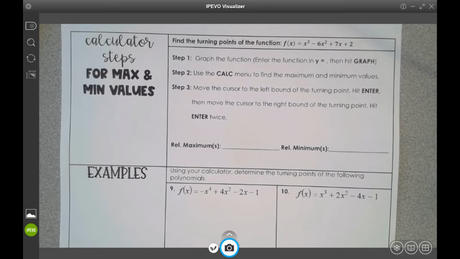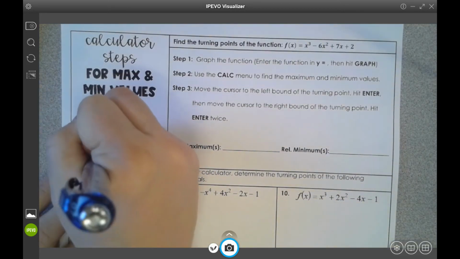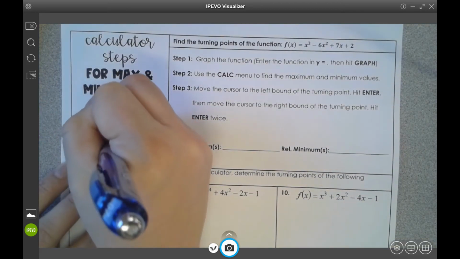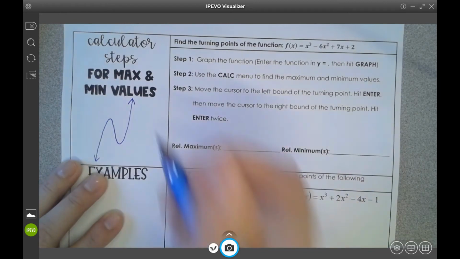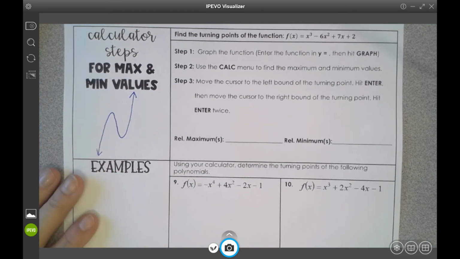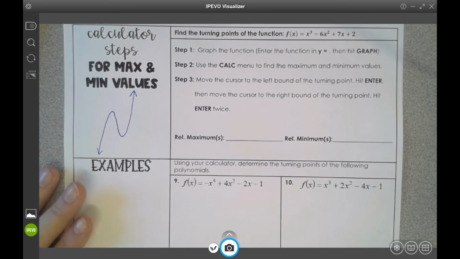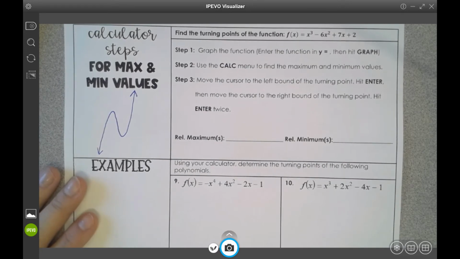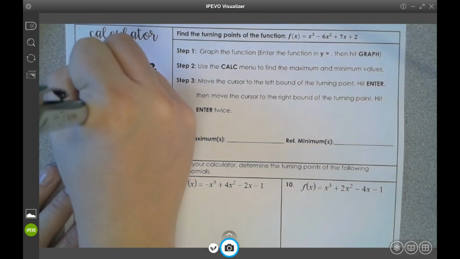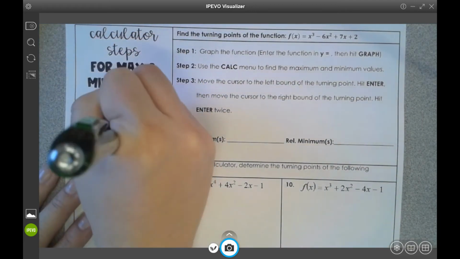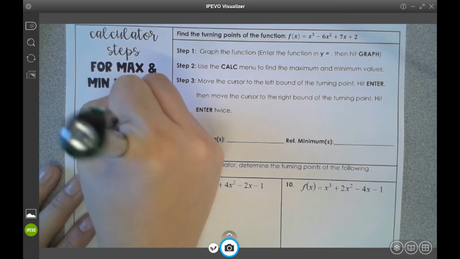And then go to the graph. I just sketched the generic shape. So this point would be a max. This point would be a minimum.